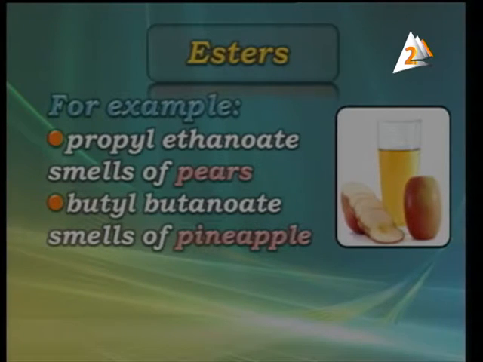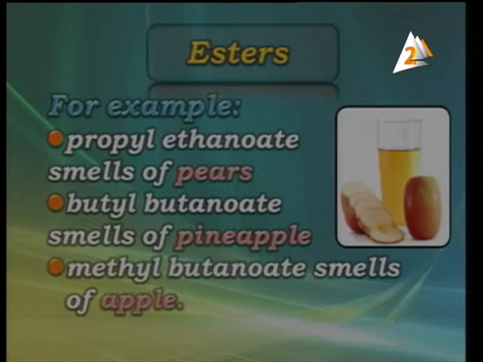Each of these fruits has a specific type of ester that gives good smell and good taste. So esters are found in these fruits and vegetables to give the characteristic taste of each one of them. And we have methyl butanoate, which is the smell and taste of apple.